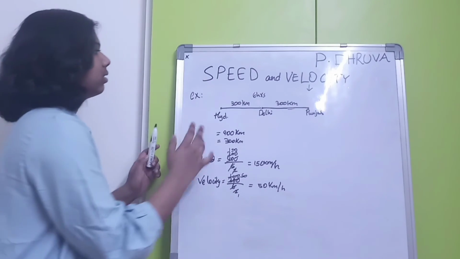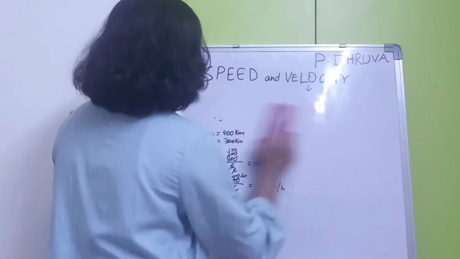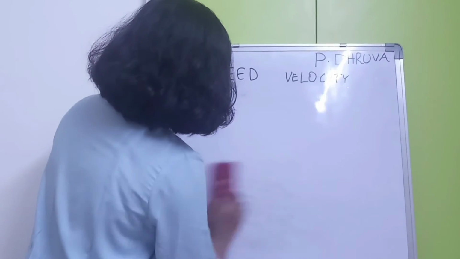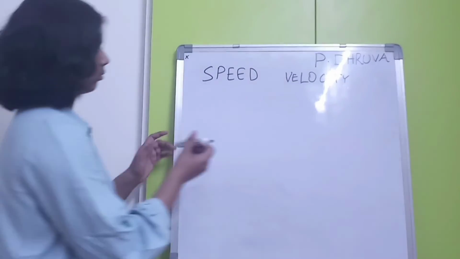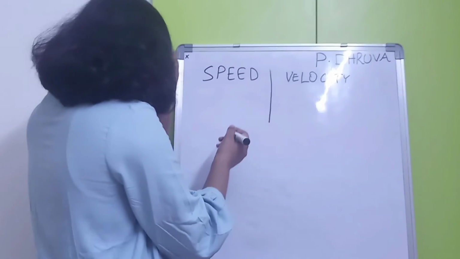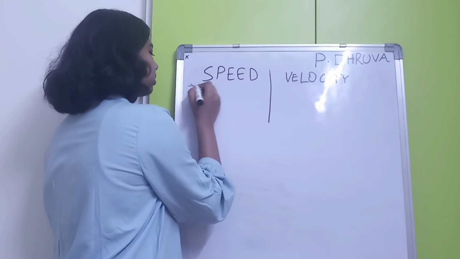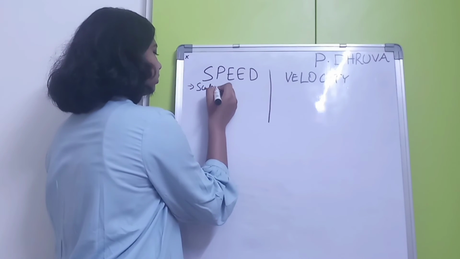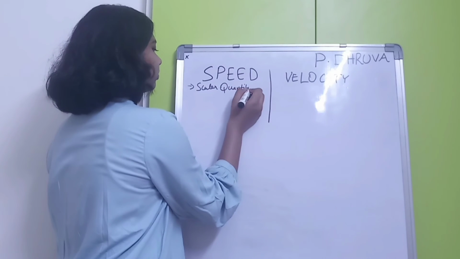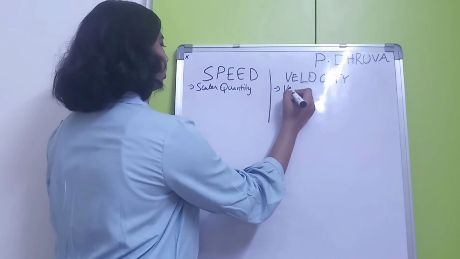Now let's summarize it by finding its differences and similarities. Speed is a scalar quantity, and velocity is a vector quantity.